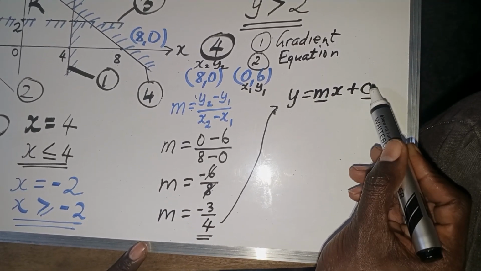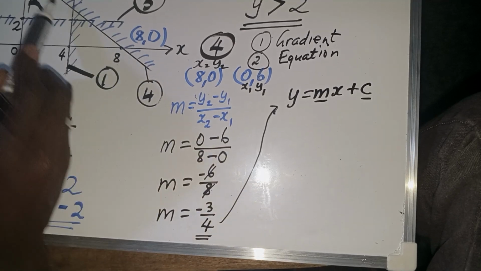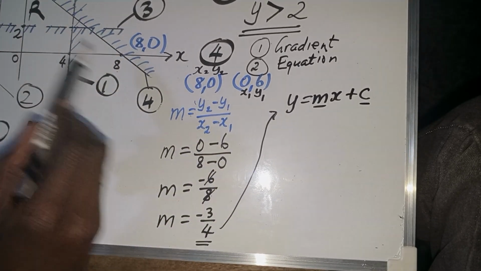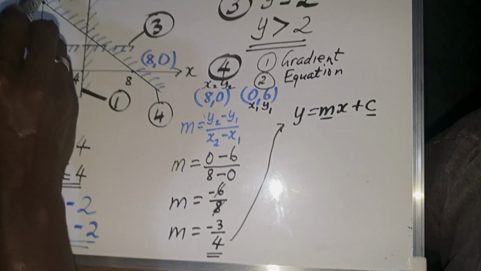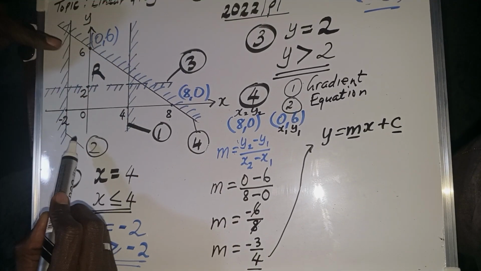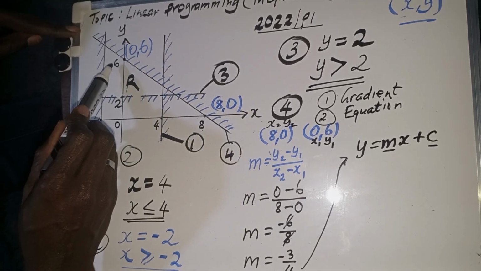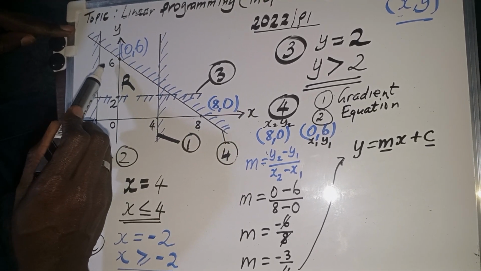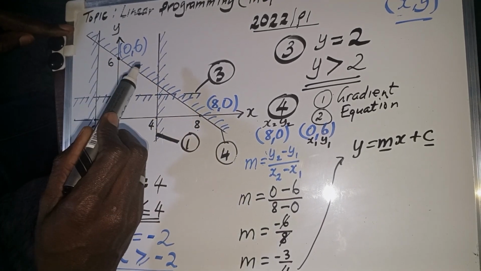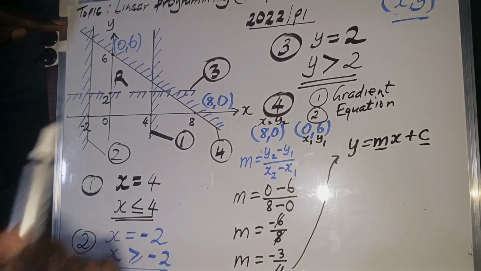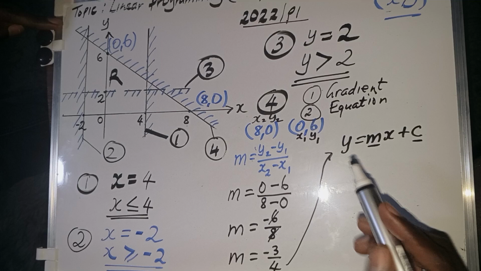Y-intercept means at what value the line cuts the y-axis. So if you notice, this line is cutting the y-axis where y is equal to 6. So our y-intercept is 6, so you don't need to waste time. Remember, I talked about this in our previous discussion many times.